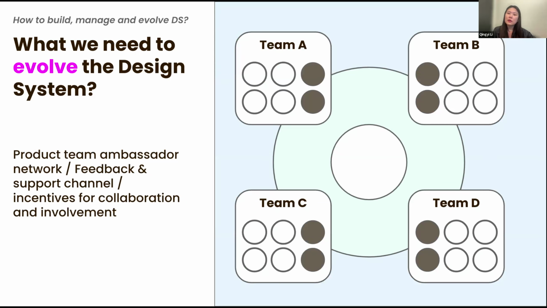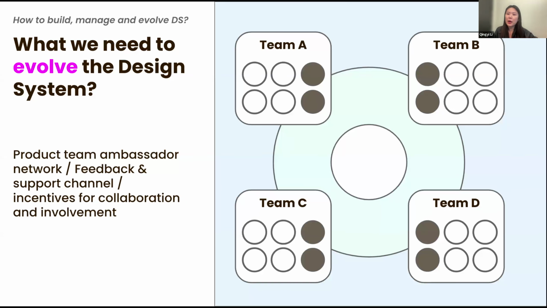Another important aspect is who's contributing those components: ambassadors, POCs, or people from the product team. I briefly mentioned it already in the beginning. This strong connection and collaboration with the product team is super important. They're the people who keep validating and evolving the system.